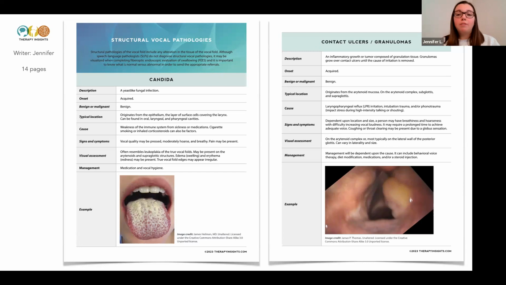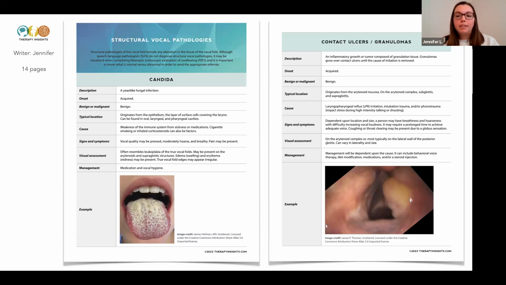The cause is typically a weakened immune system, from sickness or medications. Also, cigarette smoking or inhaled corticosteroids can be factors in causing this. Some signs and symptoms are that the vocal quality may be pressed. I think it depends on where it is located, whether it's going to cause changes in how the voice sounds.